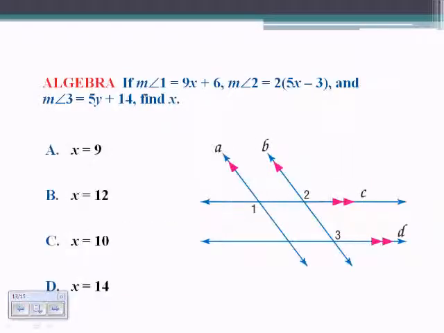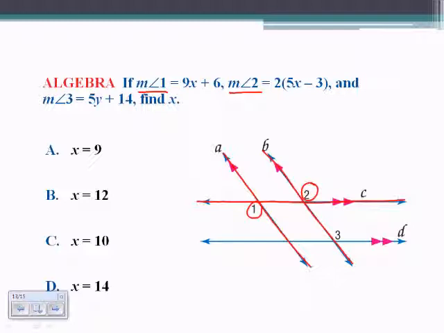Alright, using similar styles here, we have the measure of angle 1, 2, and 3 all equaling an expression. We want to find x in this first question. We note that we have x values in the measure of angle 2 and the measure of angle 1. The measure of angle 1 and the measure of angle 2 are congruent to each other because lines A and B are parallel, and this is our transversal, line C. Just concentrating on the red lines, the measure of angle 1 is equal to the measure of angle 2.